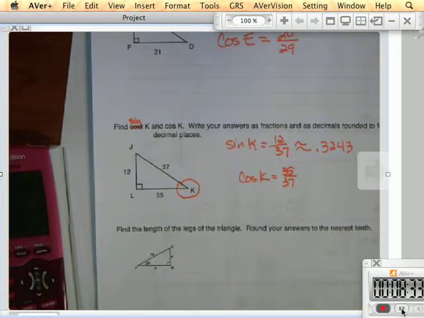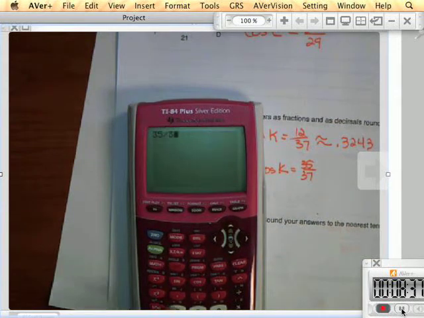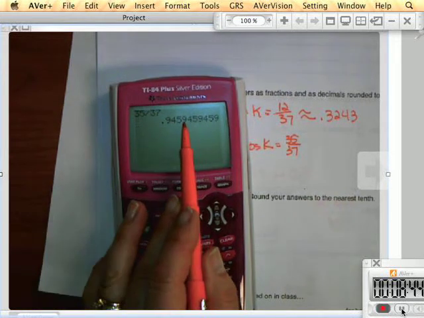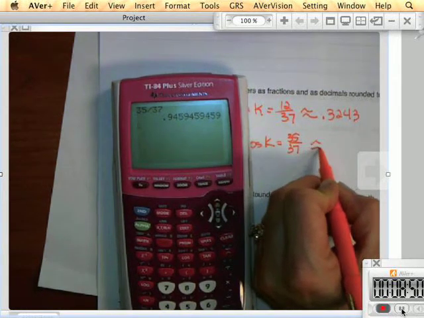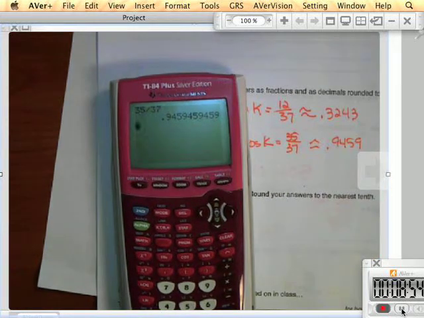And then you just go to your calculator and you do 35 divided by 37. Ooh, 4 places. That's right here. What's after the 9? 4. 4, so I just drop the stuff off. If it's 5 or more, I have to round. 5, 9, 4, 5, 9, 4, 5, 9. It repeats, doesn't it? All right.